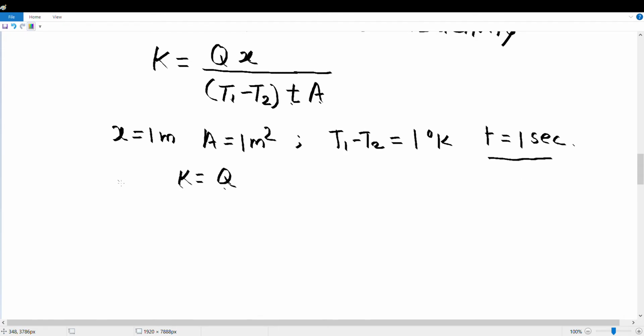Between the opposite faces of a cube whose sides are of 1 meter, and the faces are kept at a temperature difference of 1 degree Celsius. From this we define the coefficient of thermal conductivity.